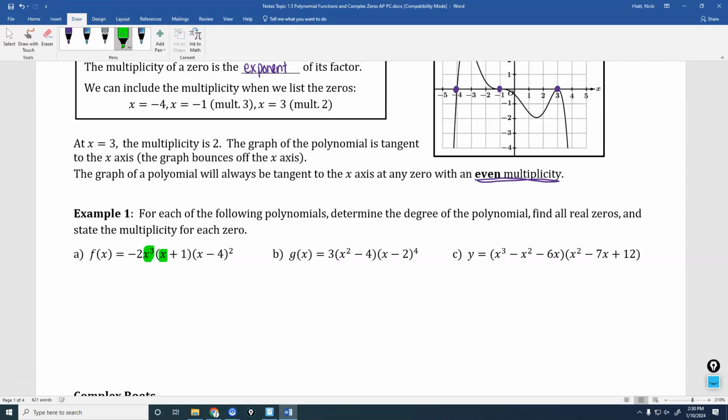Right here you've got an x that is not raised to any power, but it is going to be multiplied by the x to the third. Right here you have another x, and it is raised to the second power. So you're going to have 3 x's here, 1 right here, and 2 x's here, and all of those will end up being multiplied together. So 3, 4, 5, 6. You would have a degree of 6 for this one. It asks us to find each real zero and state the multiplicity that goes with it.